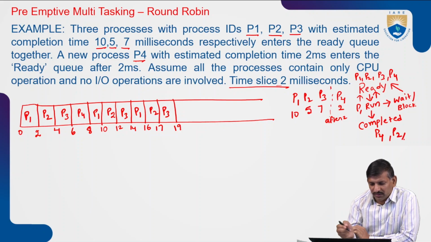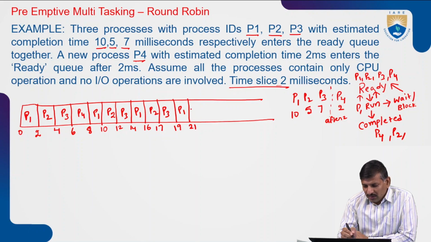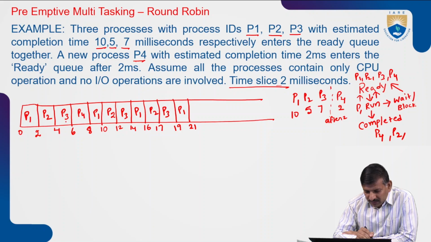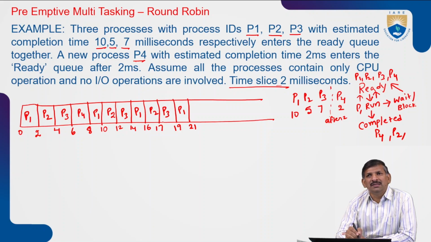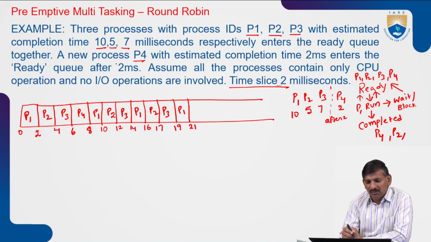P2 is also complete. Then how much execution time has P3 completed? 1, 2, 3: 6 milliseconds completed. The remaining execution time is 1 millisecond only.